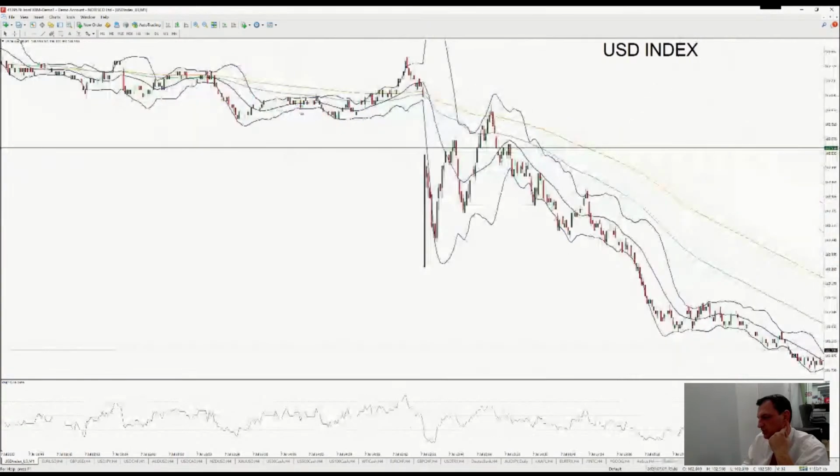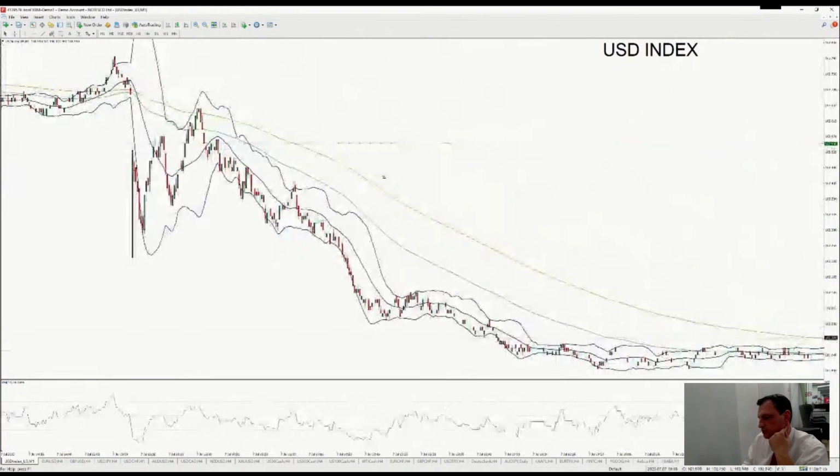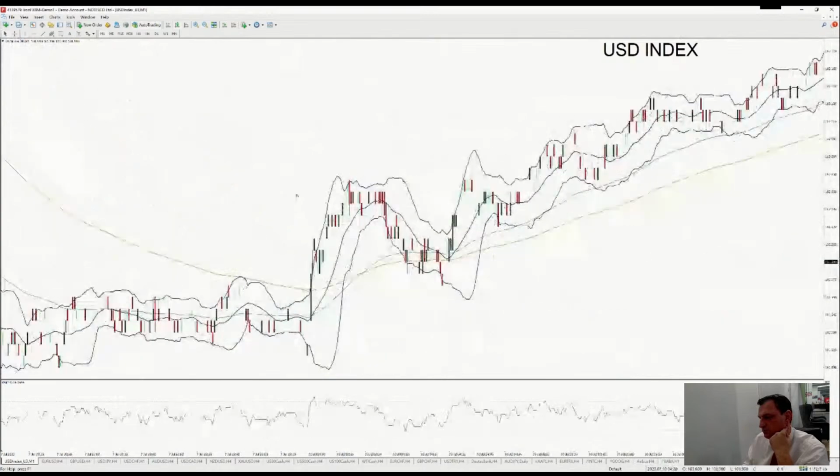But overall, there was a continuous bearish effect on the US dollar, which weakened and stabilized at rather low levels.